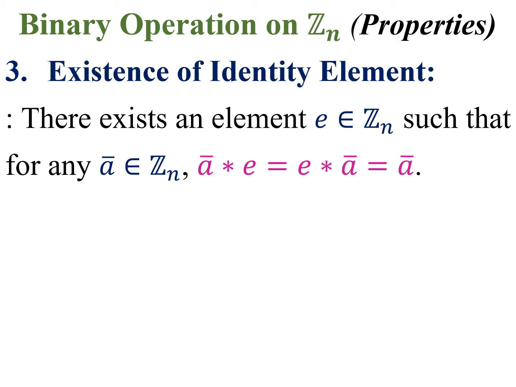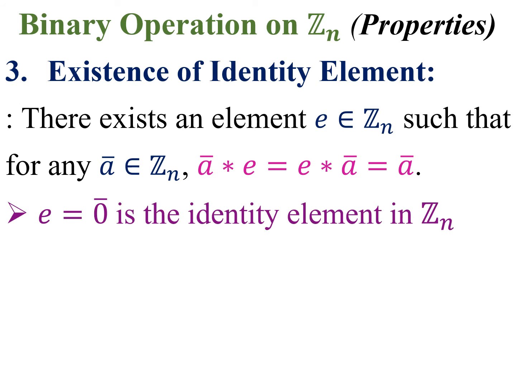Means there exists an element in Zn which we add with any class of Zn modulo n, that residue class remains as it is. Similarly, there exists some element in Zn which we multiply with any residue class of Zn modulo n, that residue class remains as it is.